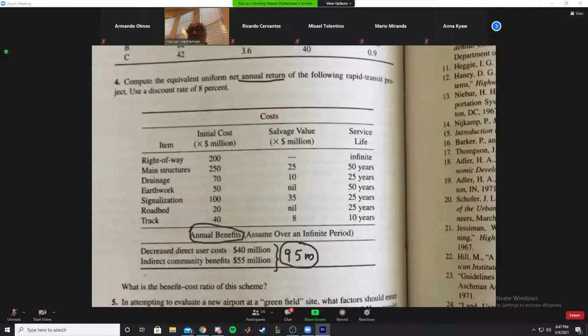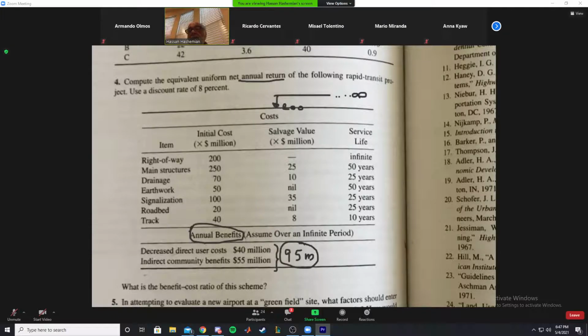Okay, so let's start looking at how we can make right-of-way annual. It's $200 million you pay here, but that goes for an infinite number of years, and there's no salvage value.